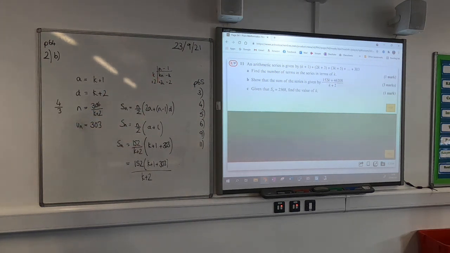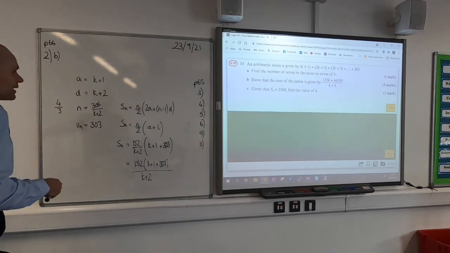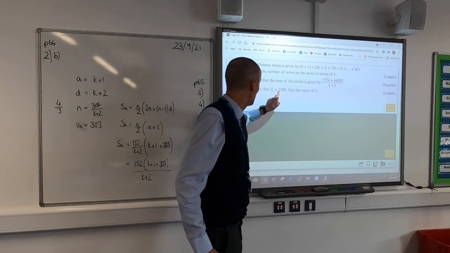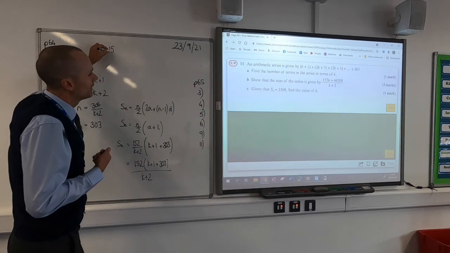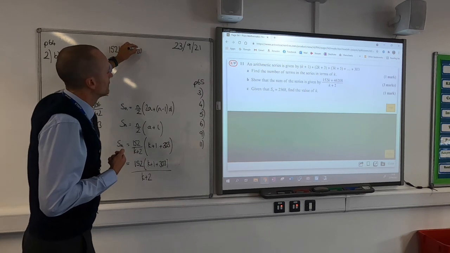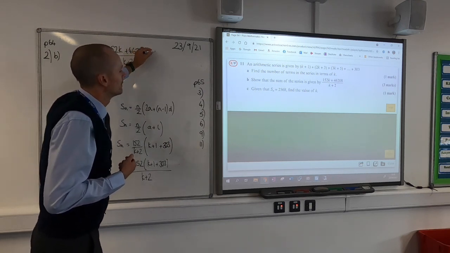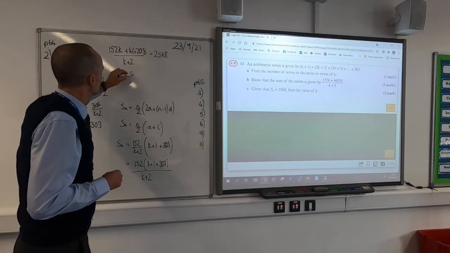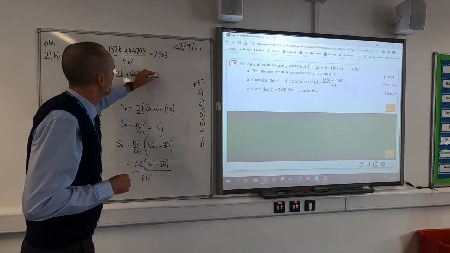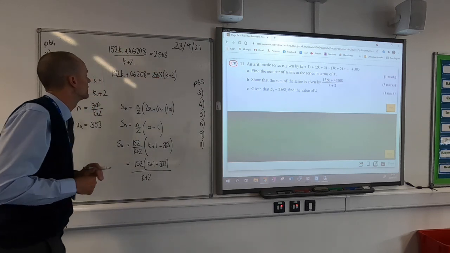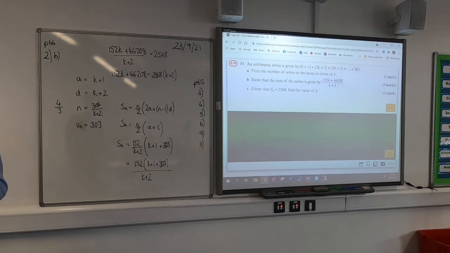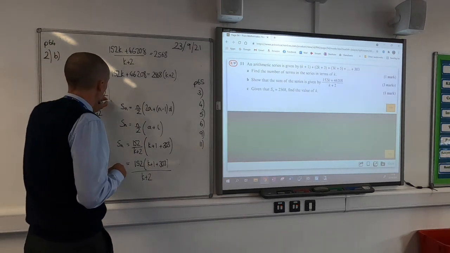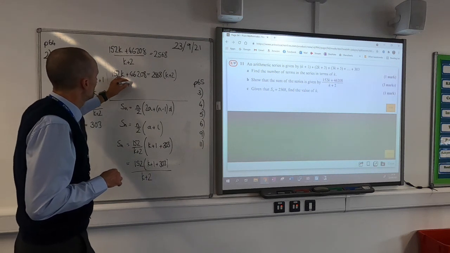I'm assuming that's correct. And then for part C, all I've got to do is say, well, this is my formula for the sum, and if it equals that, then all I need to do is say, right, okay, and I hate fractions, so I'm going to multiply both sides by... and although I was a bit worried I was going to have to deal with some horrible algebra, actually, sorry, the only horrible thing is the way I'm setting this out, it's not going to be too bad at all, is it?